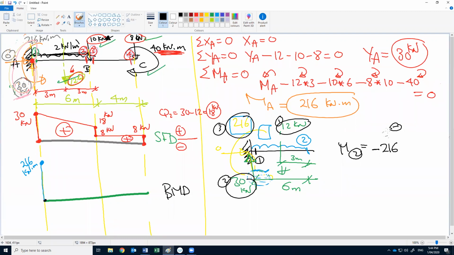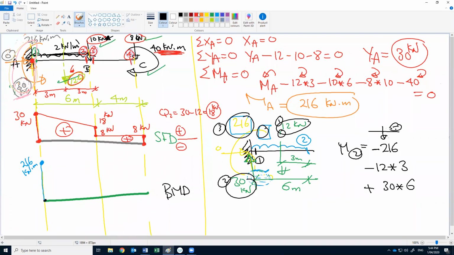So if the tail is above, this means it is negative. It's above, so it's negative. Also 12 is above, so negative 12 multiplied by 3, plus 30 multiplied by 6.